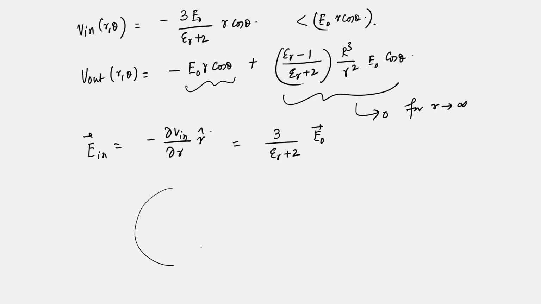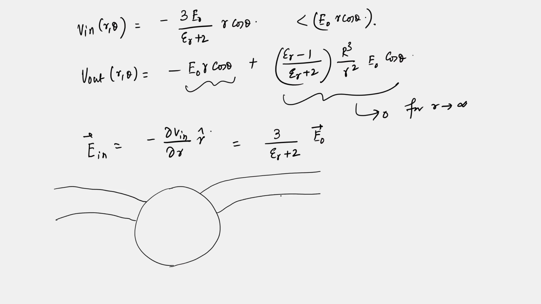So, in this sphere you have this, and you can calculate E_out by taking a derivative with respect to r of this equation. At very large distances, of course, that is the external field, and this is for the outside region. So, it only bends a little in the vicinity of the sphere, and otherwise it takes this value.